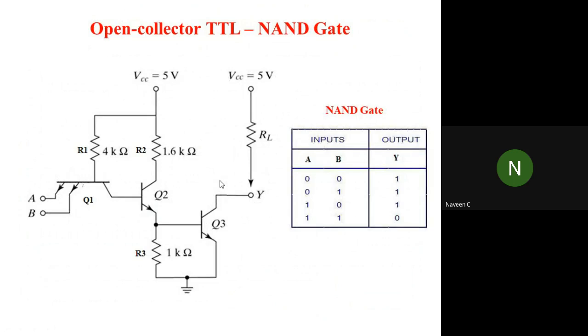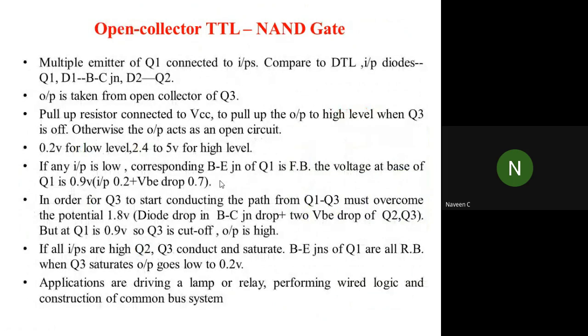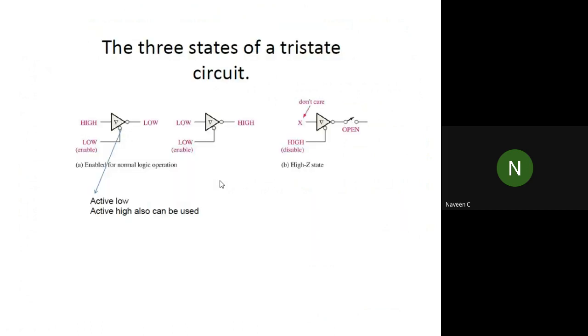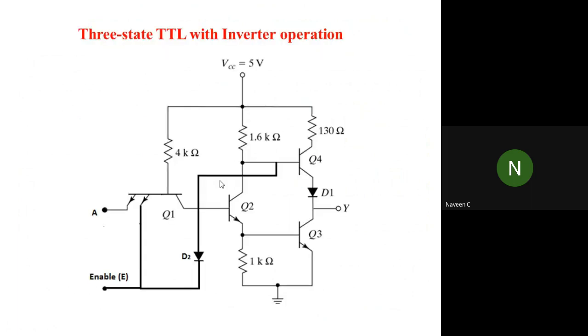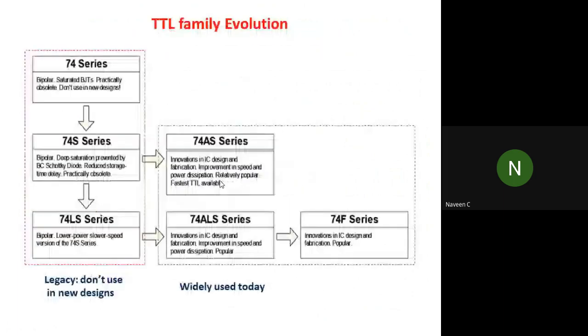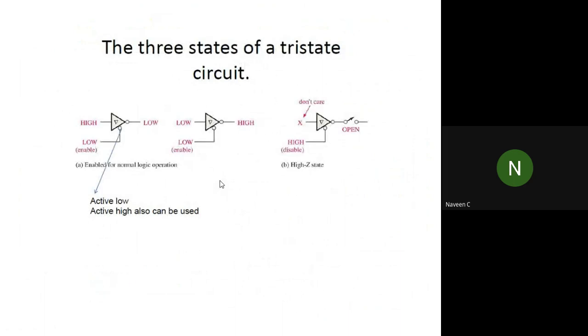This is for the NAND gate. That is the concept: you can make either an AND gate or a NAND gate by connecting only transistors. Three state I will explain later.